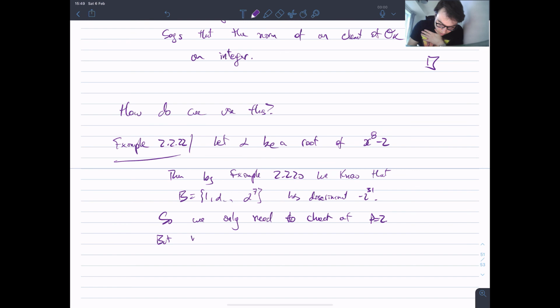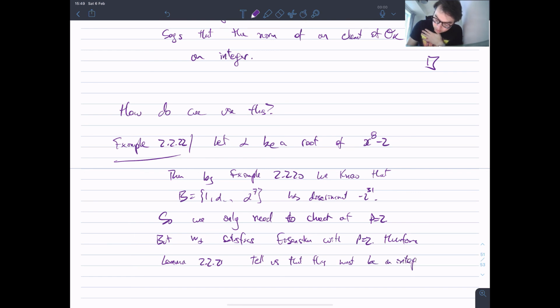But the minimal polynomial of alpha satisfies Eisenstein with p equals 2. Therefore, lemma 2.2.21 tells us that this must be an integral basis.